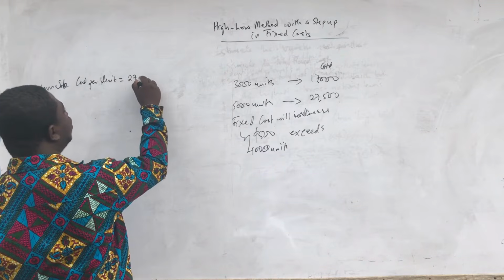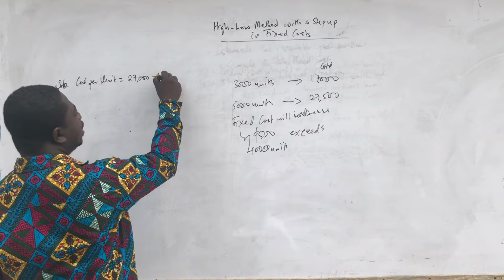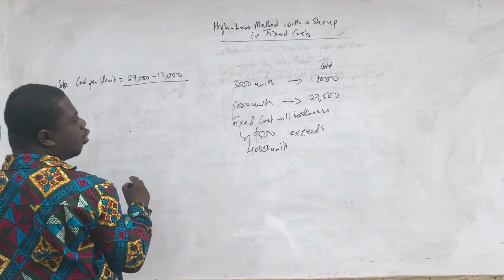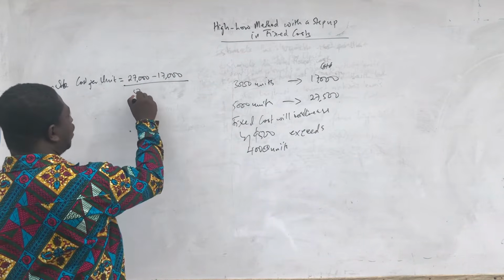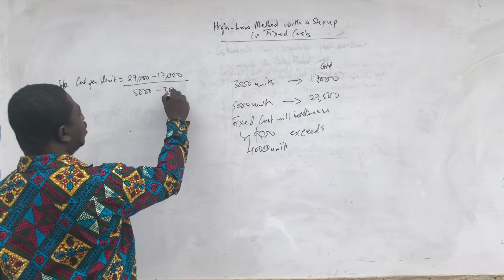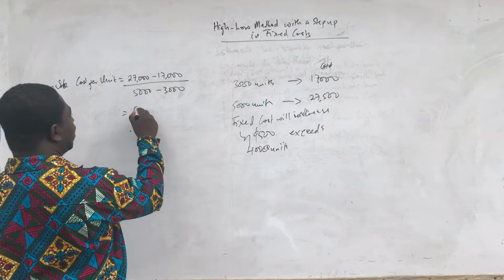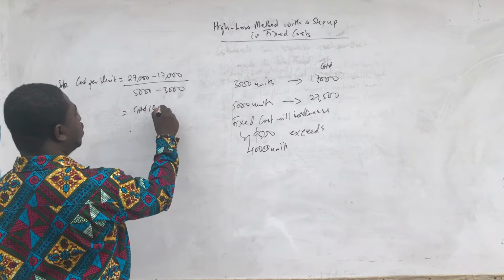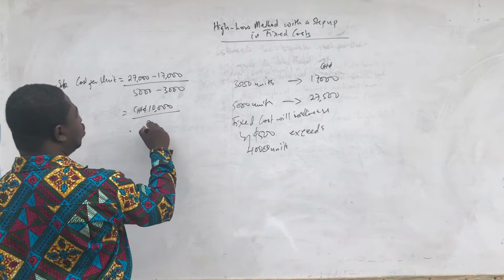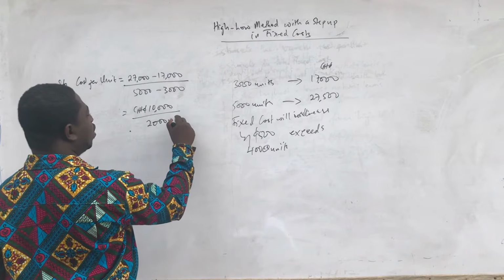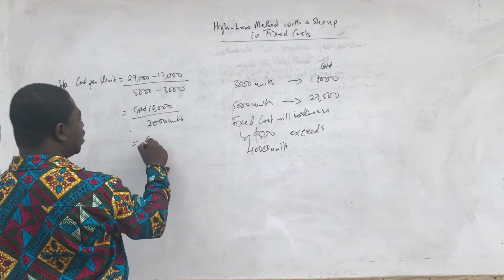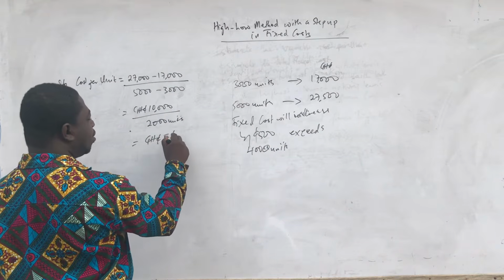And so we can say it's 27,000 minus 17,000 all over 5,000 units minus 3,000 units. And that is going to give us 10,000 cedis over 2,000 units, which eventually gives us 5 cedis per unit.